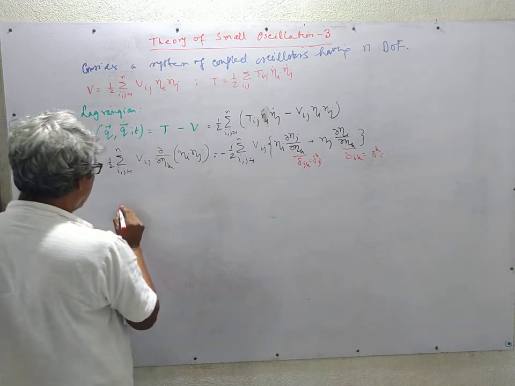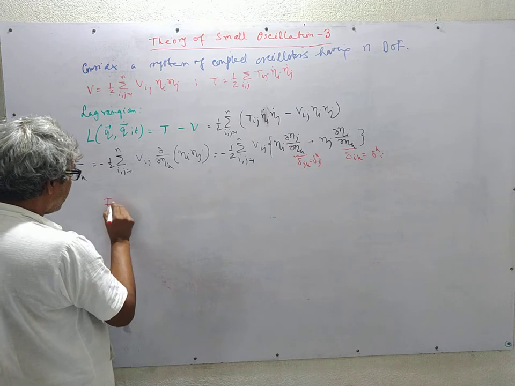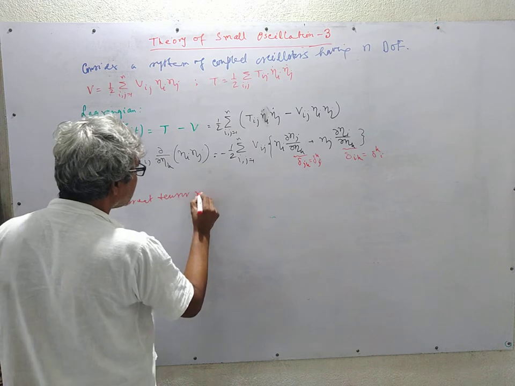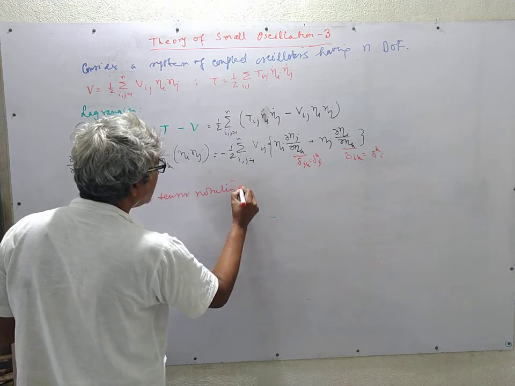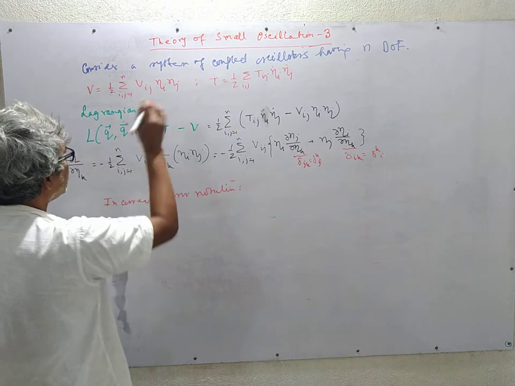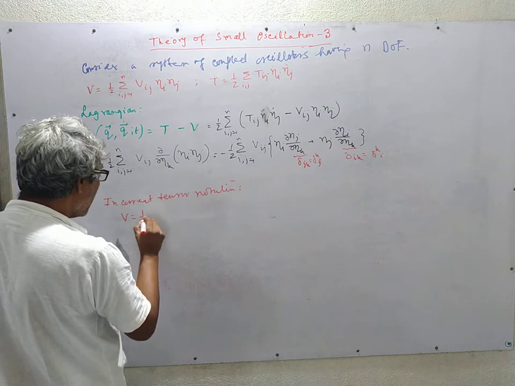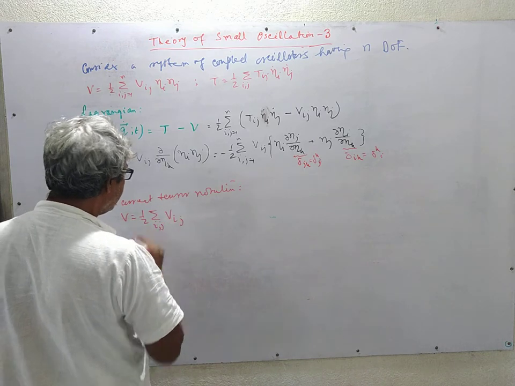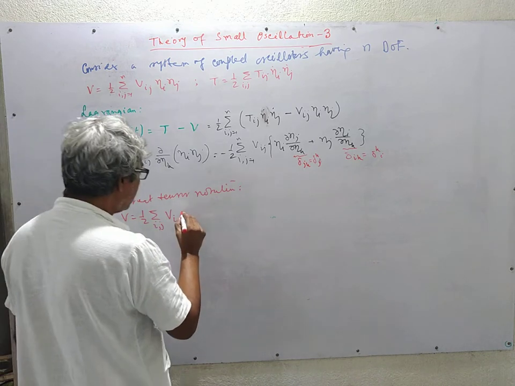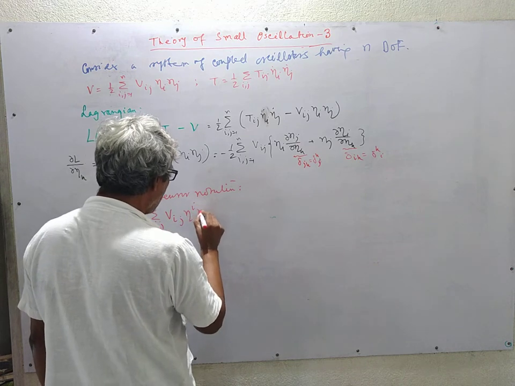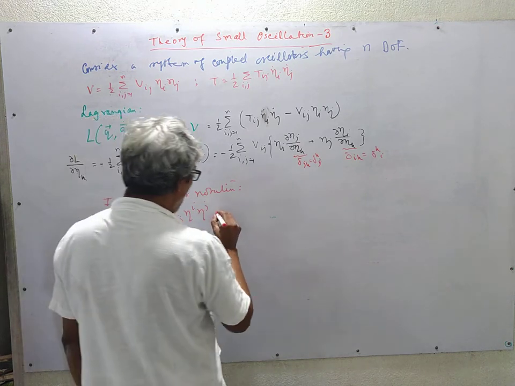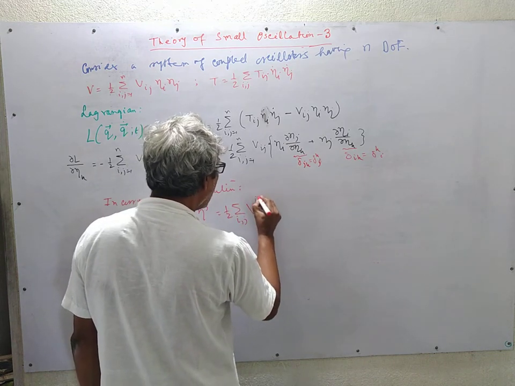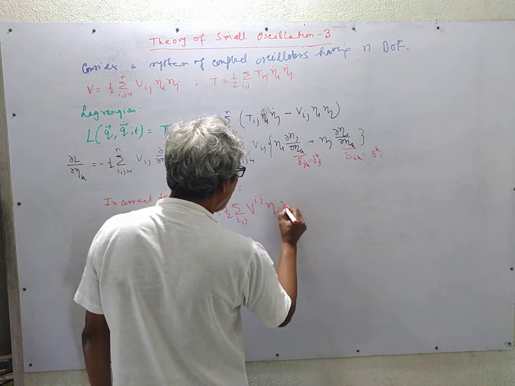So, in correct tensor notation, we should have either written V as half summation over i, j, V_ij, since it is a scalar, then it should be written as eta i eta j, or it should be written as summation over i, j, V_ij eta i eta j.